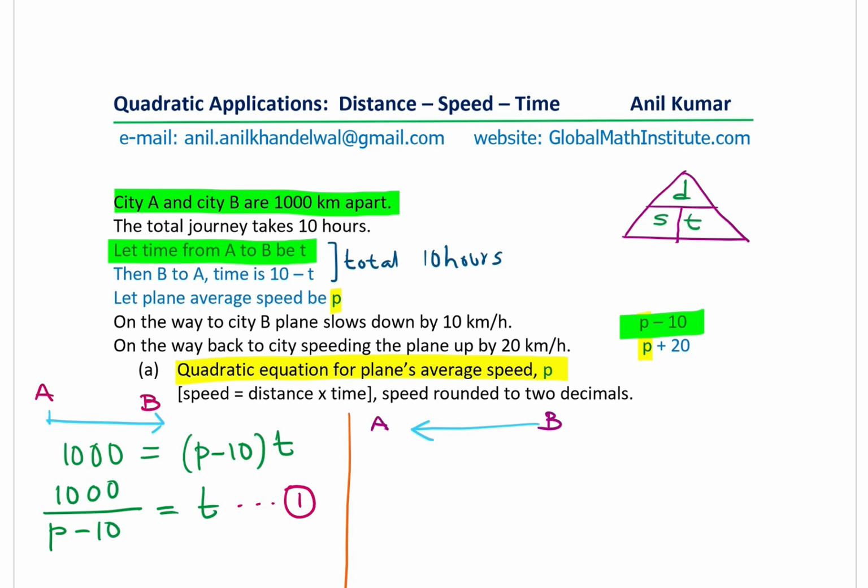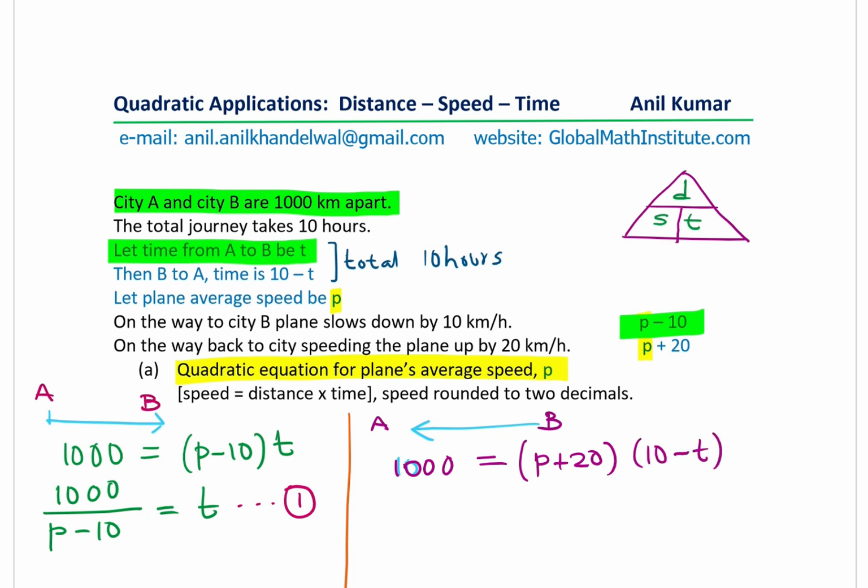That is again 1000 kilometers. However, this time the speed is much faster. So this time it is 1000, the same distance, and the speed is p plus 20. Time taken is 10 minus t. Total is 10, right?